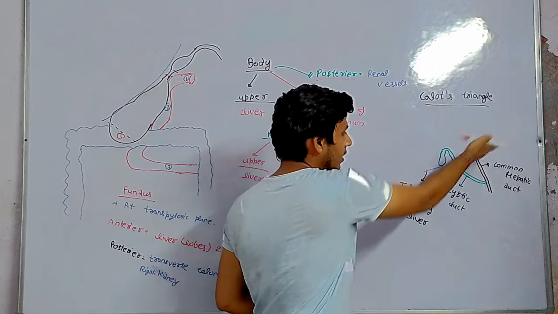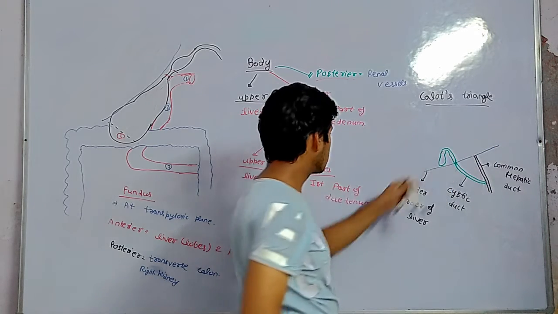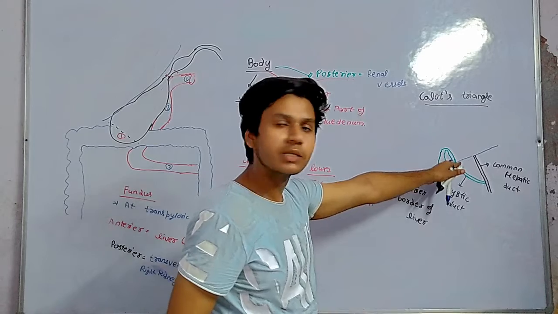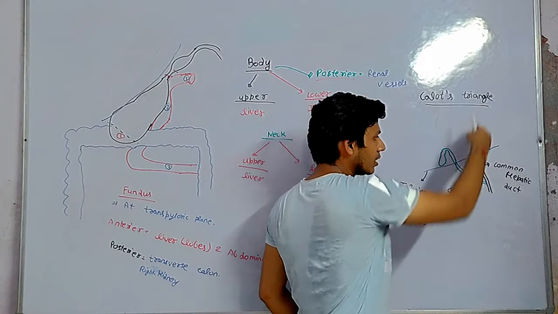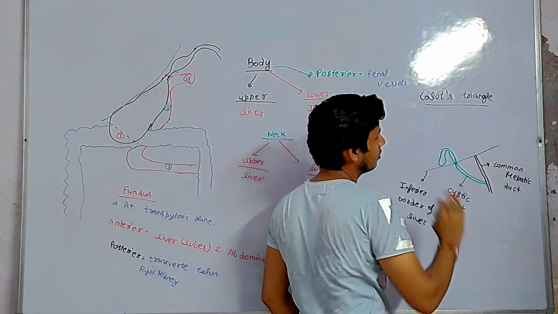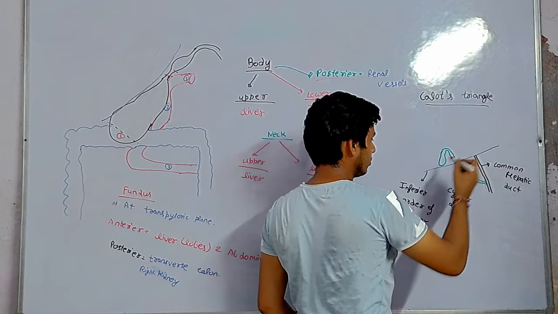The boundaries: superiorly by the inferior surface of the liver, then laterally by the cystic duct, medially by the common hepatic duct. Then these are the boundaries.